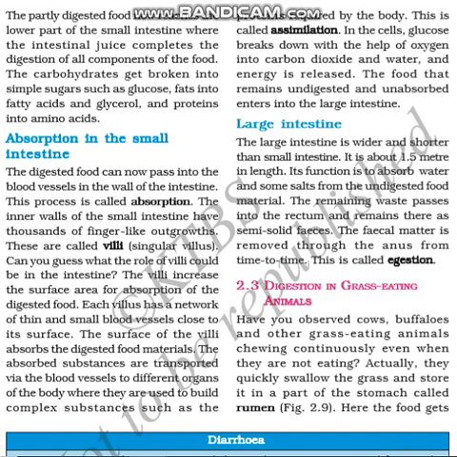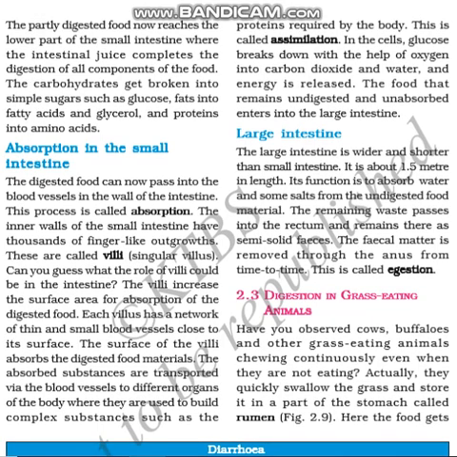Each villus has a network of thin, small blood vessels close to its surface. The surface of the villi absorbs the digested food particles. The absorbed substances are transported via the blood vessels to the different organs of the body, where they are used to build complex substances such as proteins required by the body. So these small finger-like structures have blood vessels.